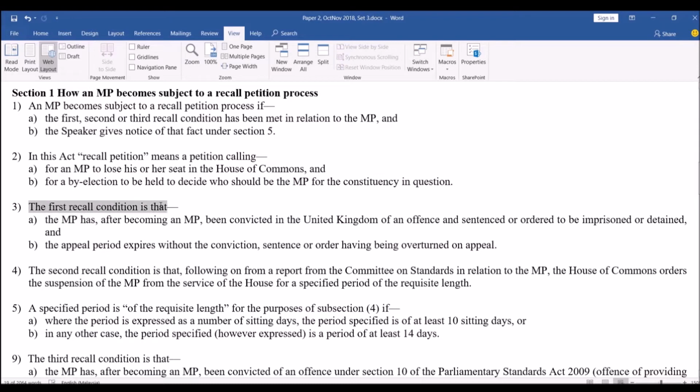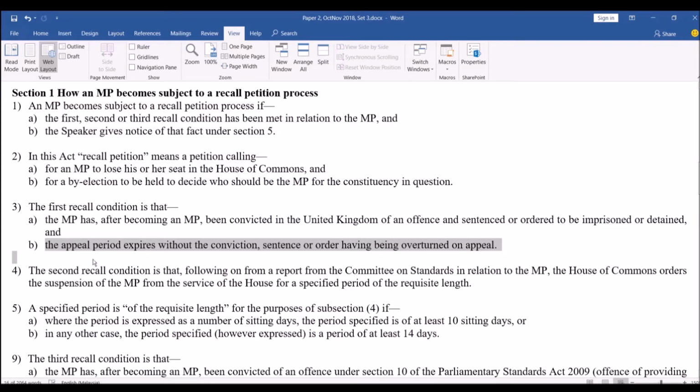The first recall condition is that, sub A, the MP has, after becoming an MP, been convicted in the United Kingdom of an offence and sentenced or ordered to be imprisoned or detained, and sub B, the appeal period expires without the conviction, sentence or order having been overturned on appeal.